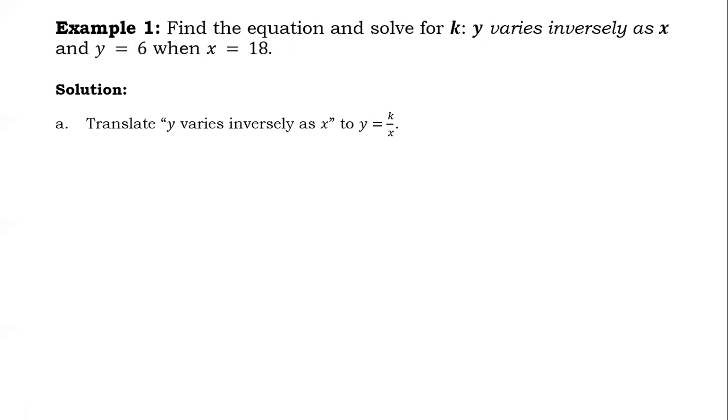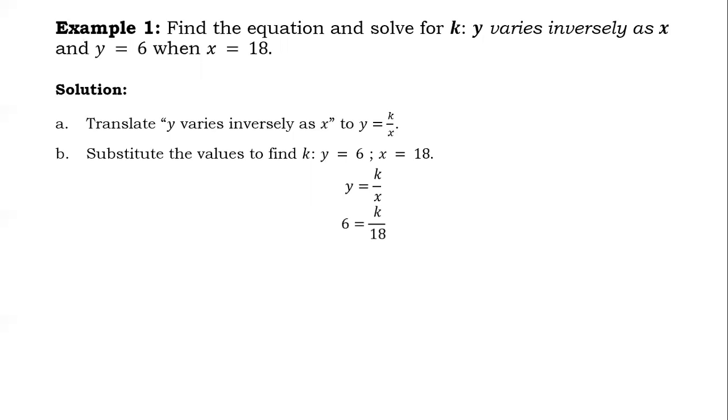To find the equation, let's first find the value of k by substituting the values of the variables, y equals 6 and x equals 18. Given the equation y equals k over x, simply substitute the values.